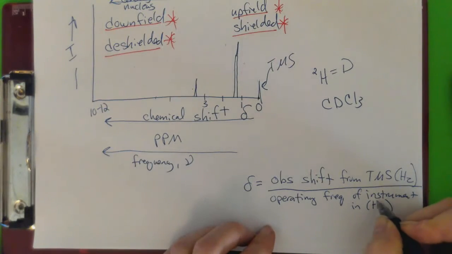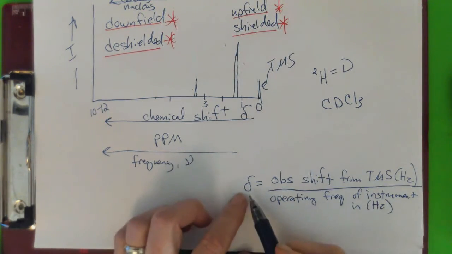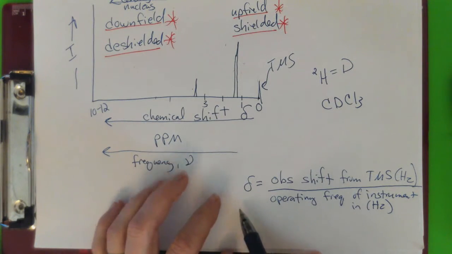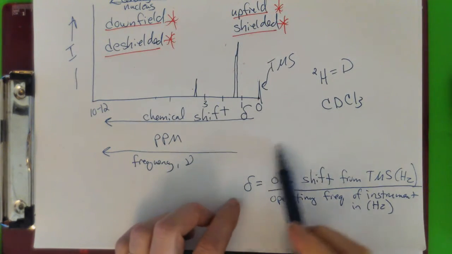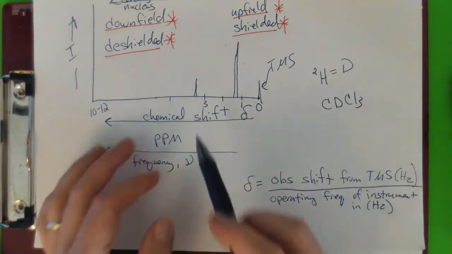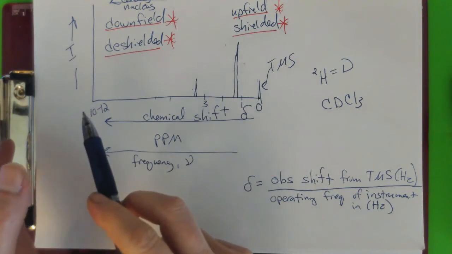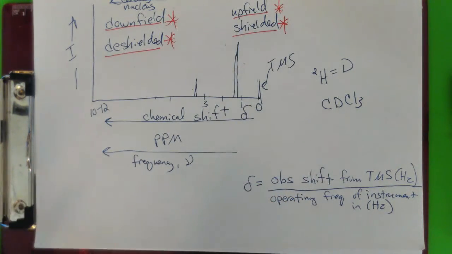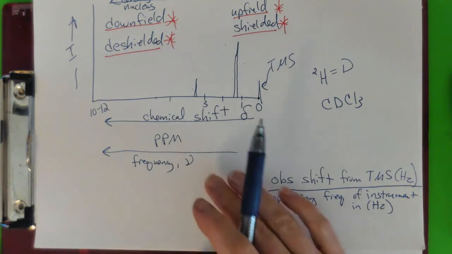And so this way, the chemical shift doesn't depend on the individual spectrometer. So I only mention this so that you have some understanding of why the chemical shift on one spectrometer should be the same as the chemical shift on a different spectrometer, even though they have different sized magnets, let's say. Okay. All right.